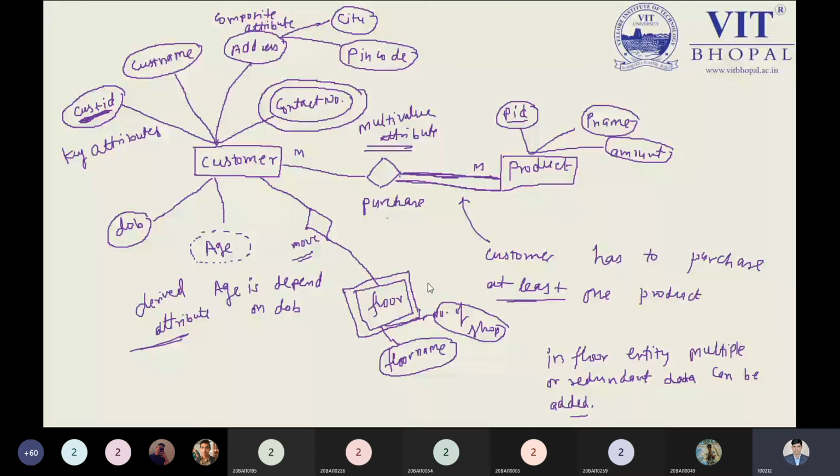But if a customer is coming to my shop and purchasing at least one product, then I have to put the double line, that is the total participation I was discussing. That's why I have written the statement, customer has to purchase at least one product if he is coming to my shop. So I have to use the double line rather than the single. That is the total participation symbol. Now, is it clear to all right now? Tell me, is it clear?